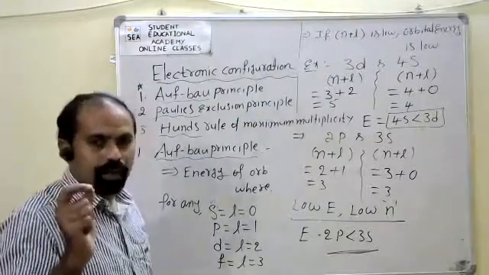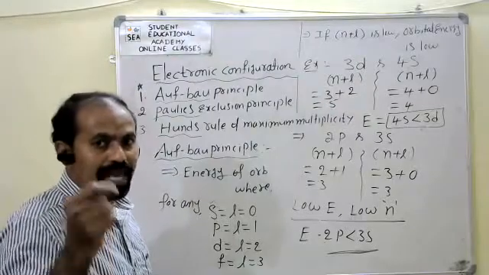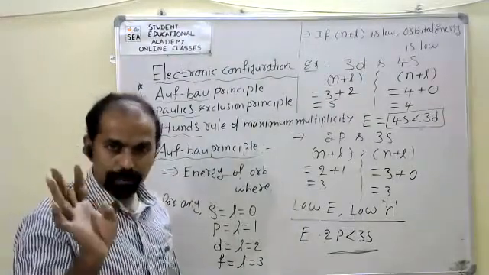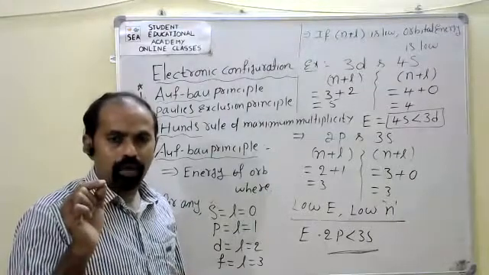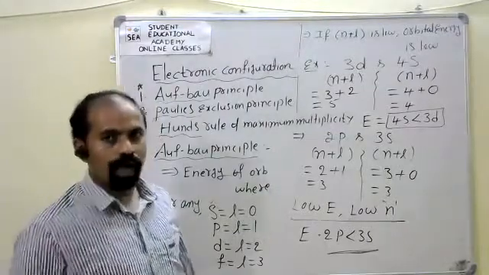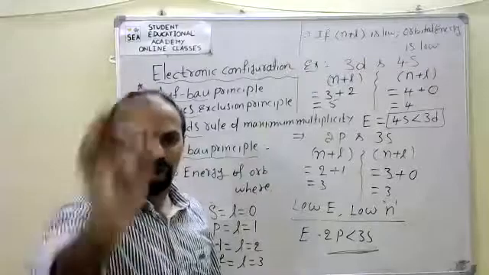So we can say based on n plus L value. First rule: if the n plus L value is low, orbital energy is also low.